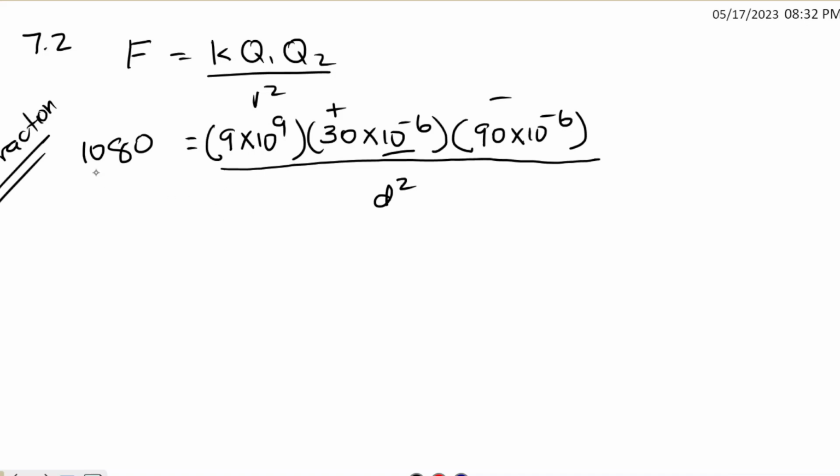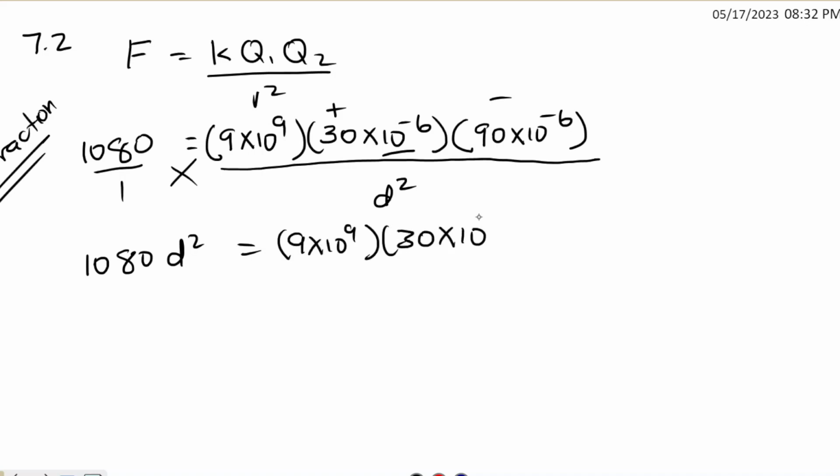Now this 1080 is over 1, so we have to cross multiply. So we have 1080 times d squared is equal to 1 times all of that. We need to find this value, 30 micro by 90 micro, the value on the right.